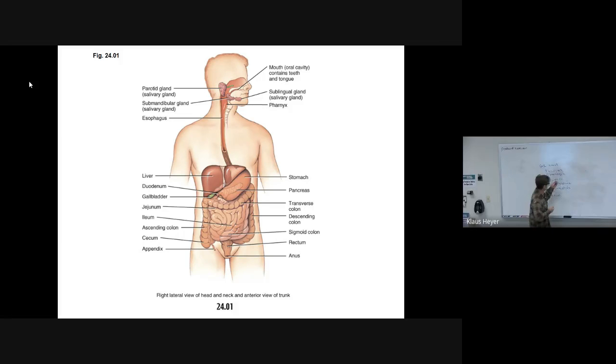The esophagus, I view it as just like a hallway. Because you want to get the food down to your stomach, but you got to get it past the thorax. So the real estate of the thorax is taken up by the heart and the lungs. So it's just a hallway to get the food down to the stomach.